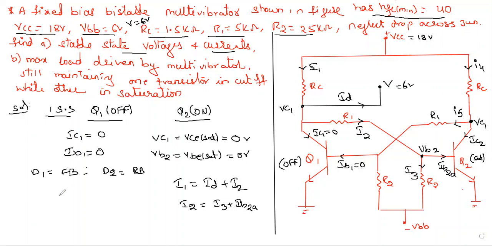Now I4 is simply IC2 plus I5. Now this I5 will come to this point, and no current is entering the base of the first transistor, so complete I5 will move to R2 only, because IB1 is 0. These are the current distributions across this circuit. Once this is done, we can easily calculate the stable state voltages and currents.